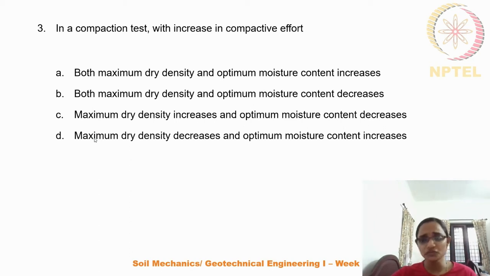We have a graph that we plot after doing this compaction test between dry density and moisture content, and there we get the maximum dry density and the corresponding moisture content as the optimum moisture content. Okay, you are having a network issue, it's okay. The correct option is option C, that is, maximum dry density increases and optimum moisture content decreases.